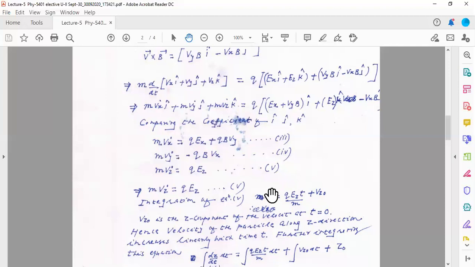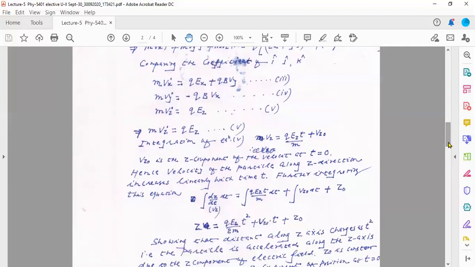And now this is basically a rate of change of displacement. d by dt of z is Vz. So if I integrate this expression of velocity with respect to t, I have mentioned this step very clearly. Vz is simply dz by dt.